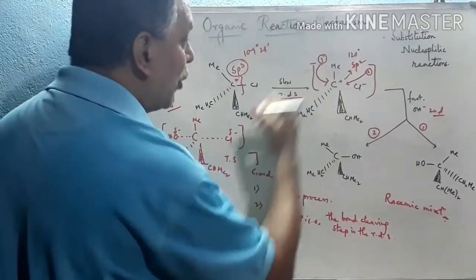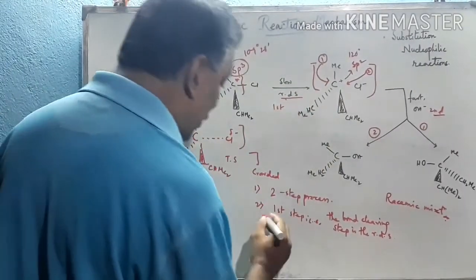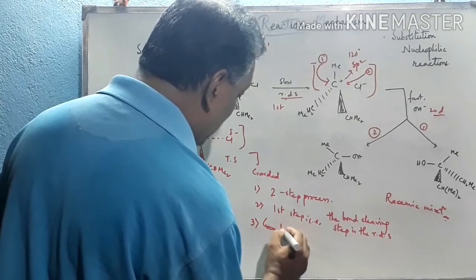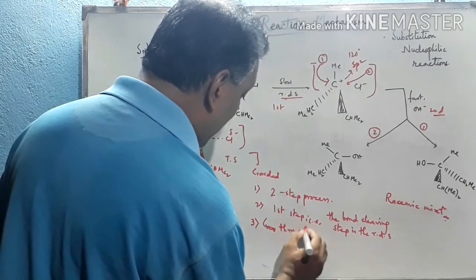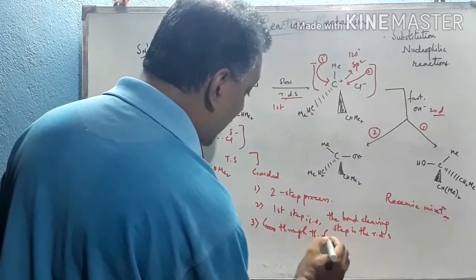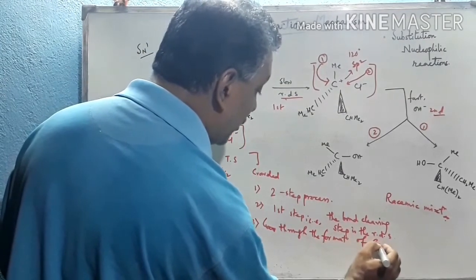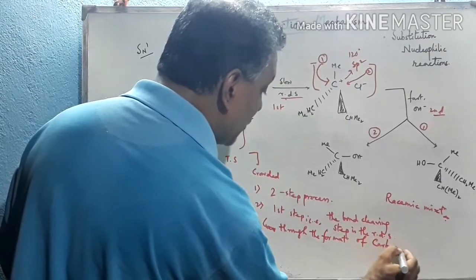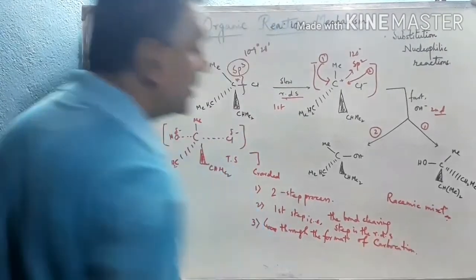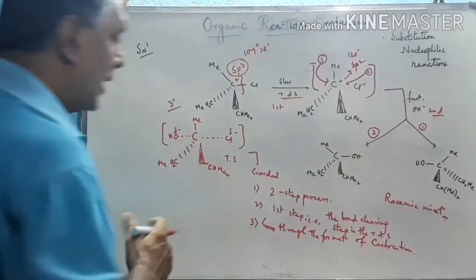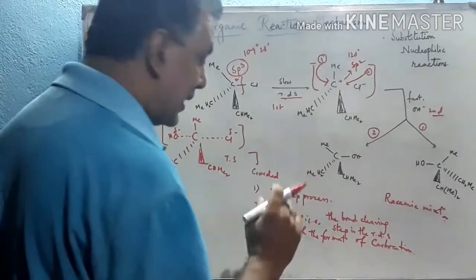Then nucleophilic attack occurs toward the cation, so it goes through the formation of carbocation. So it is a more stable state because through the formation of carbocation it goes to the sp2 hybridized and the bond angle becomes relaxed. So the transition state becomes less energized.